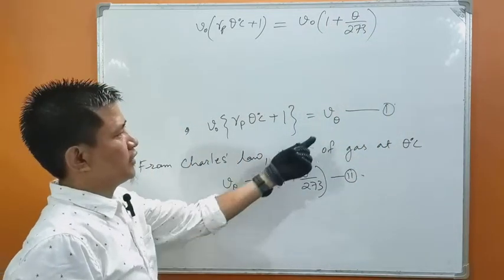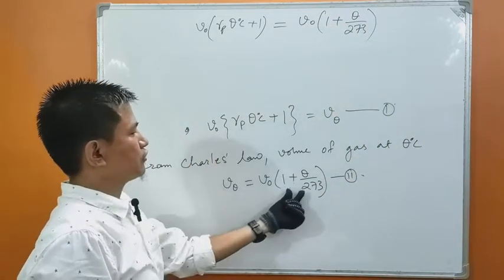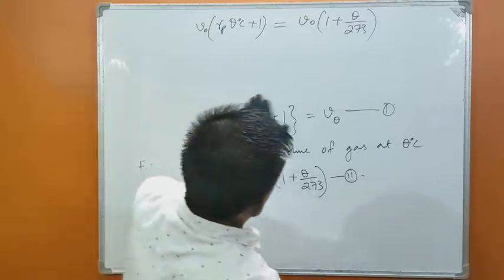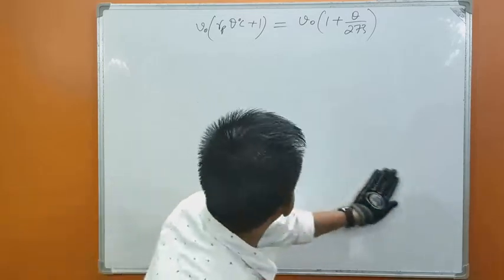Got my point? If V theta equals this here and V theta equals this here, then these two should be equal. I hope you got this.